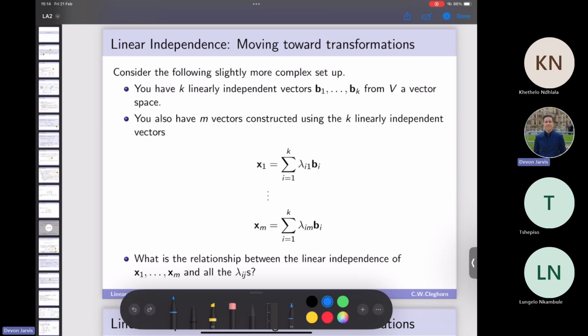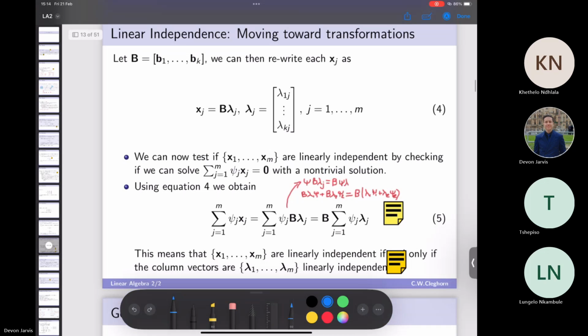Okay, so I know we've told you that the b vectors are linearly independent. So the only thing now to ask is, how does the linear independence interact with the weightings we place on these different b vectors? As I was making the point earlier, when we want to prove anything or figure it out, we're just going to write down what we know. So we're firstly going to pack my b vectors into a matrix capital B. Every vector becomes a column of that set.